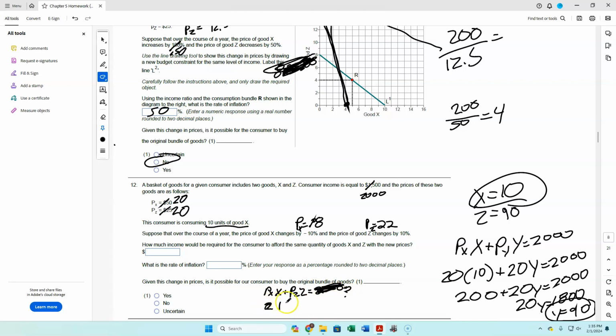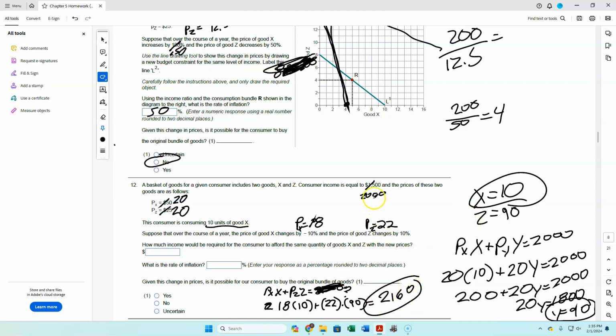So that would be 18 times 10 plus 22 times 90, which is going to be 180 plus 1980, which is going to equal 2160.